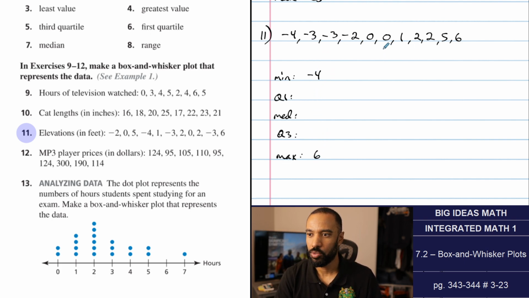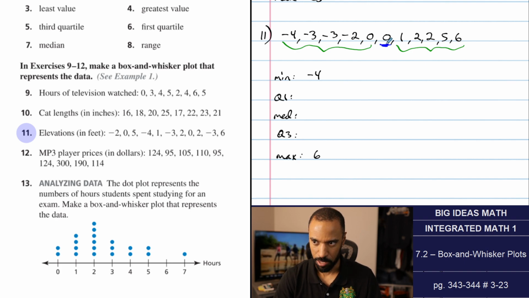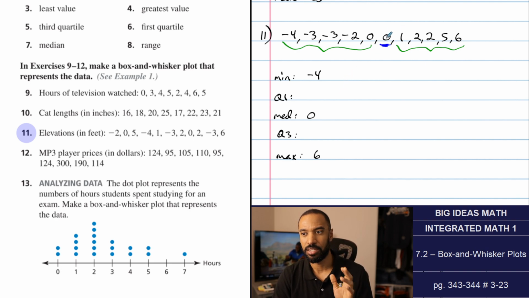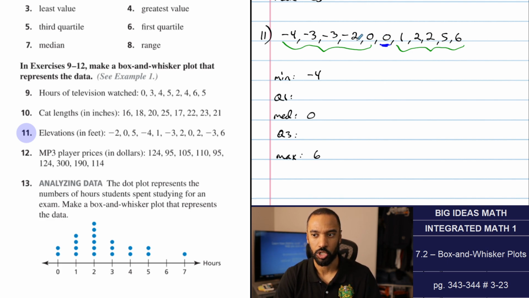Before we do Q1 and Q3, you really want to hit the median first. So there are 11 terms. There's a lower half of 5 terms and an upper half of 5 terms with the median in the middle. 0 is your median. I mentioned this before I started: the median does not count as a part of your upper and lower halves when you're tracking all that data.